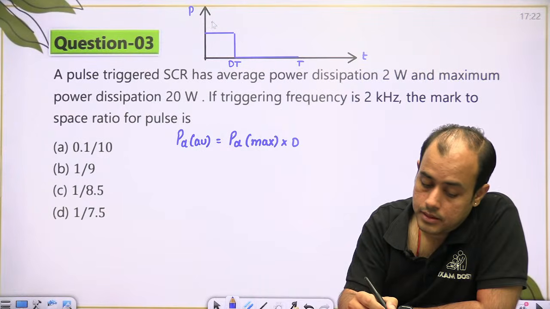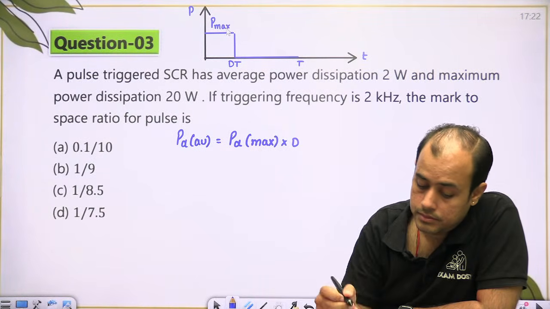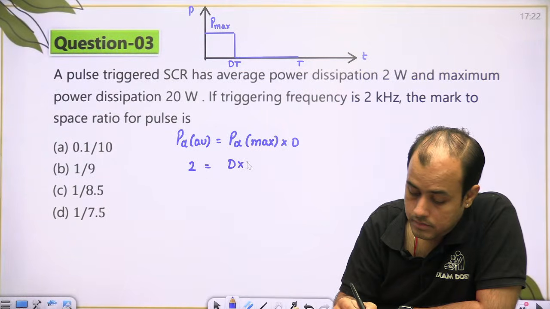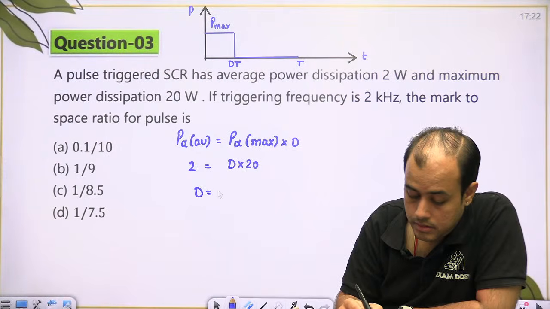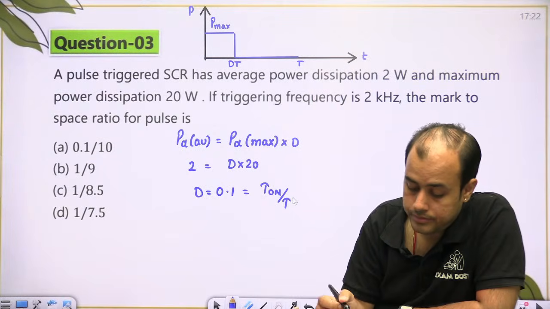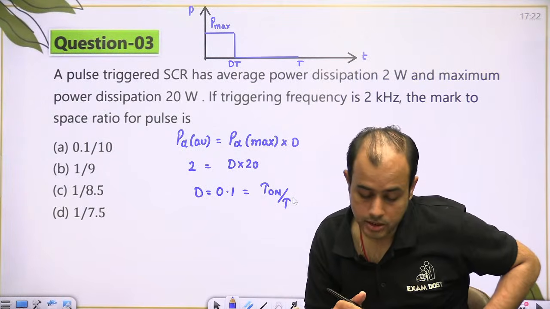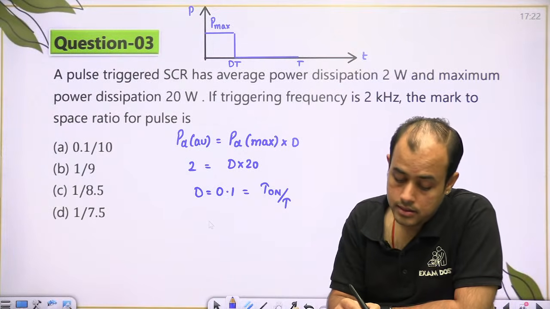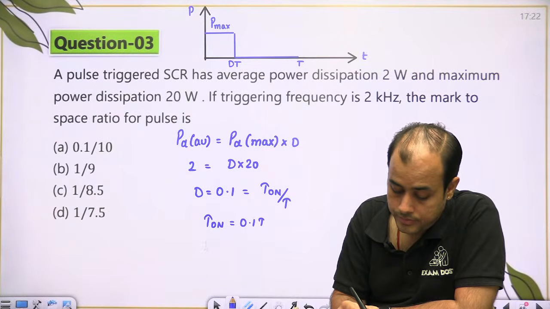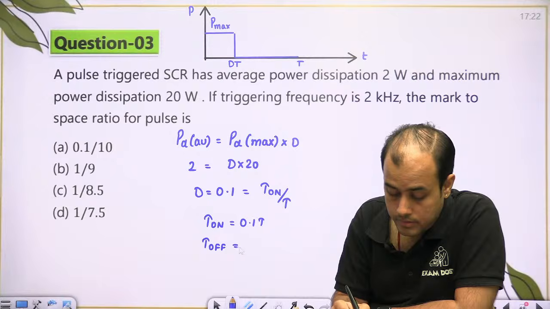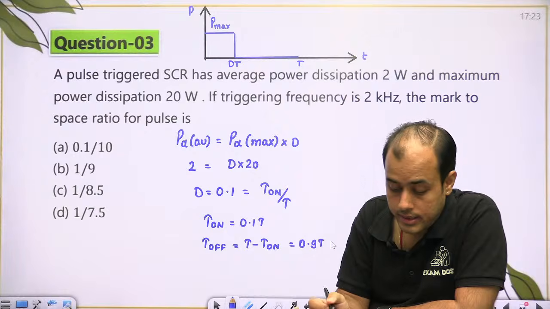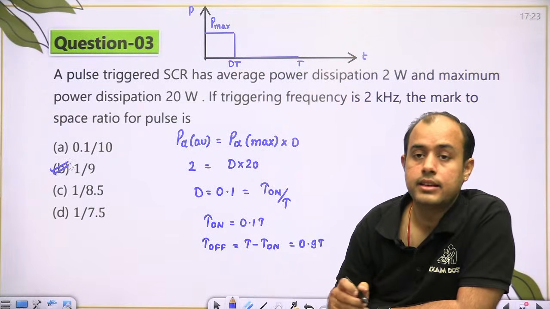T. T on is 0.1 T. 0.9 T. It will be 1 by 9.